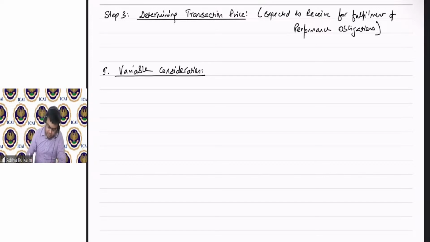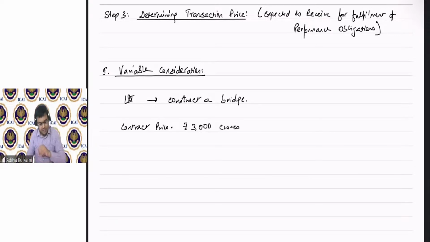So let us assume that L&T gets a contract to construct a bridge. Now, the contract price is, let us say, rupees 3,000 crores.